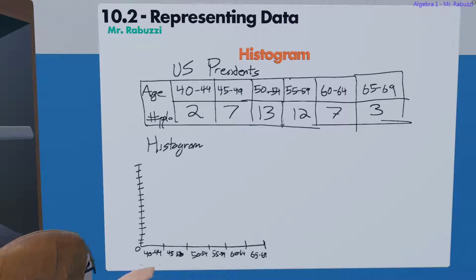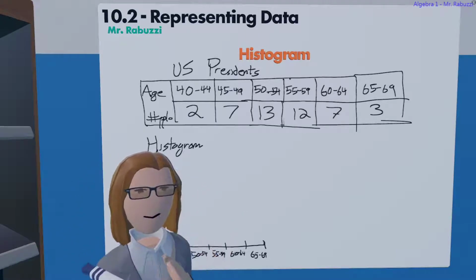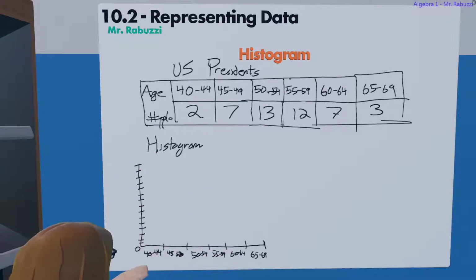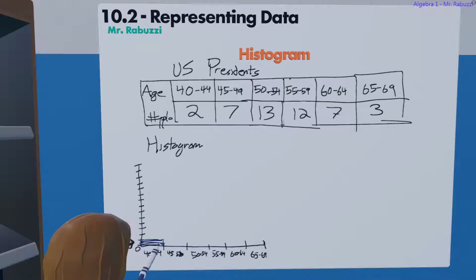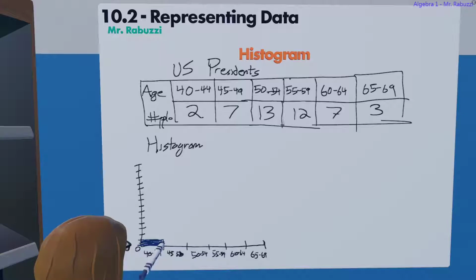Now we start making bars. The difference on this one, so in the bar graph, the bars were each their own tower, right? In a histogram, the towers are all connected. So you'll see 40 to 44, it goes up to 2. Then 45 to 49 goes up to 7. 1, 2, 3, 4, 5, 6, 7.